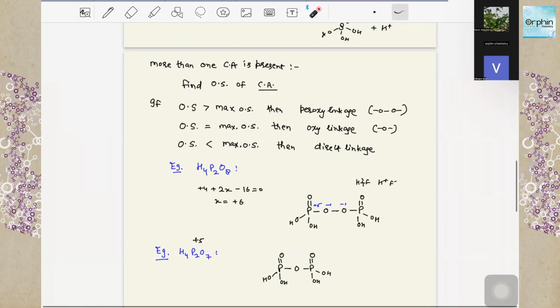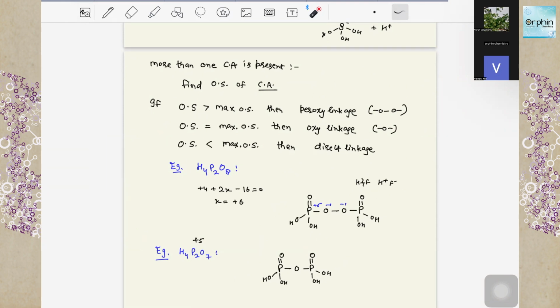So then we use it in reverse. When we find the oxidation state and it comes more than the maximum, that means it is the wrong oxidation state. That means we assumed all the oxygens as -2, and that is wrong. Some oxygens are -1, which means a peroxy linkage is there, right? This is how this trick is made.